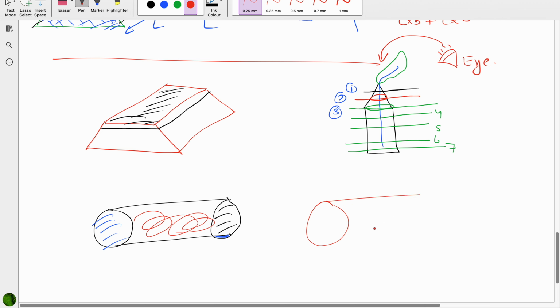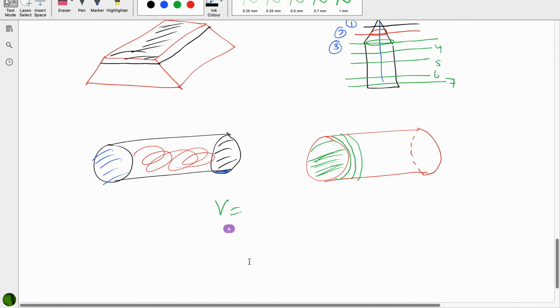So in this case, I know that if I choose the circular part as the cross-sectional part and I slice it off, I will always get a circle of same radius. So this is my cross-sectional part. So what happens to volume? Volume is area of cross-section, which is pi r square into height. So volume of cylinder is pi r square h.